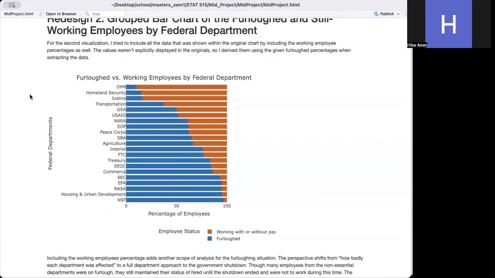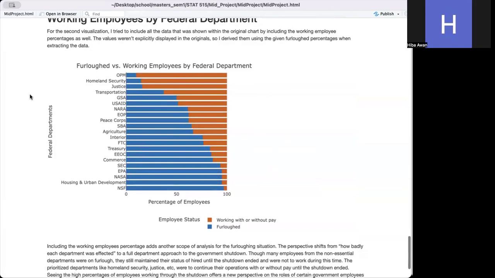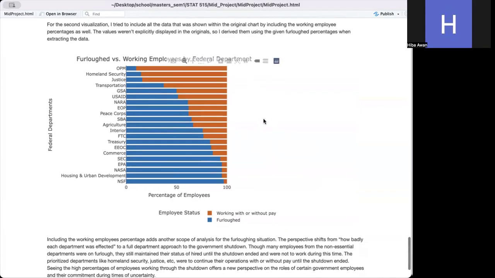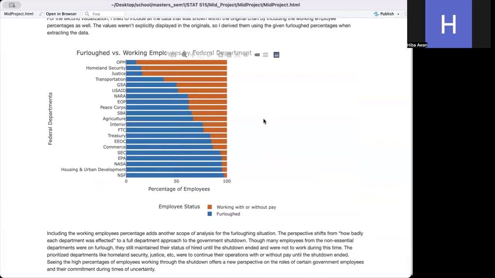But I think this offers another perspective, because the departments like Homeland Security, Justice and Transportation, all those who have higher still-working rates, it shows that they have to continue working with or without pay, as was mentioned in the original.